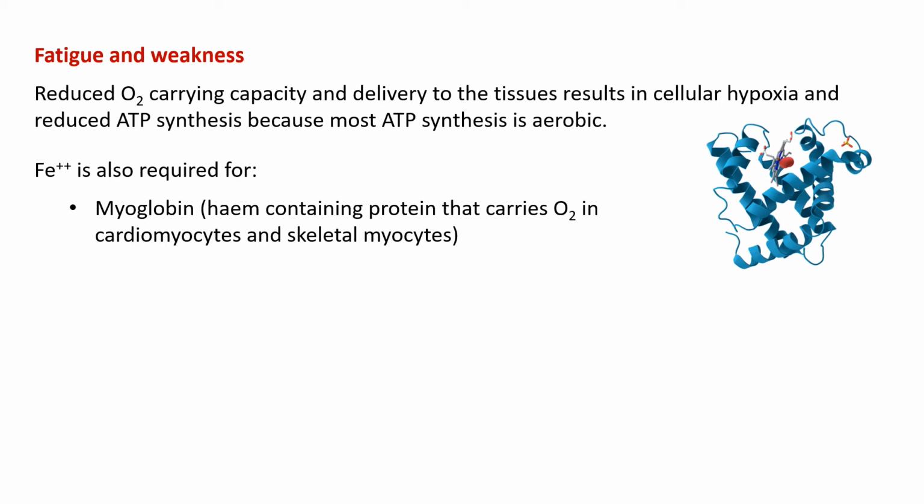In terms of cardiomyocytes, they're not going to perhaps have the same strength of contractility to maintain a good cardiac output, an optimum cardiac output. In terms of skeletal myocytes, our muscles are not going to be as effective because they will be lacking in ATP.